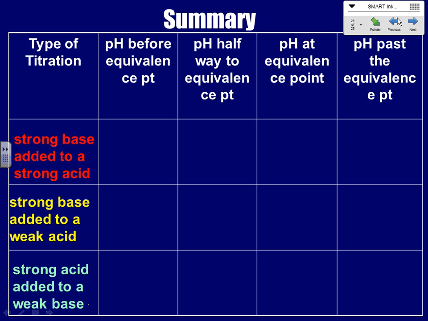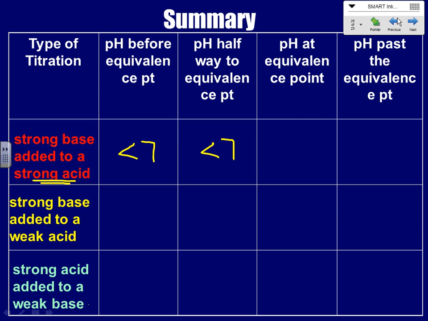So in this lesson, we've looked at 3 types of titrations: strong base added to a strong acid. Before the equivalence point, we didn't do the calculation, but because we're starting with the strong acid, we're going to be very much less than 7, all right? Halfway to the equivalence point for strong and strong, again, not important, simply less than 7.